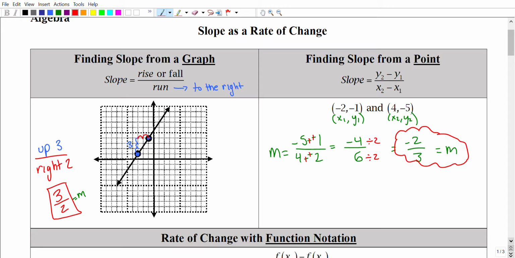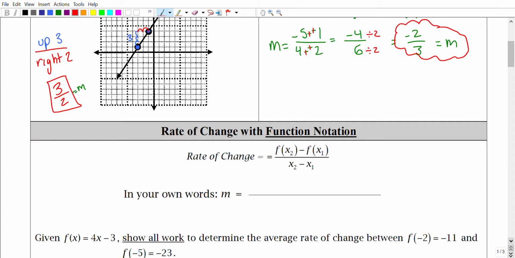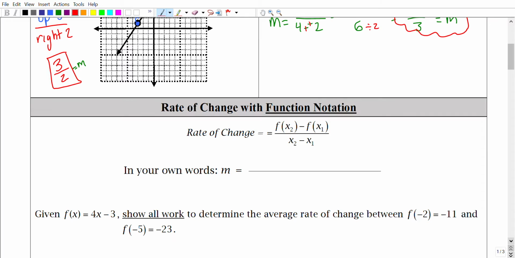Okay, now when we talk about slope as a rate of change, we're going to talk about rate of change with function notation. Okay, so let's go ahead and see if we can calculate that. So it says rate of change is f of x2 minus f of x1 over x2 minus x1. What does that mean?